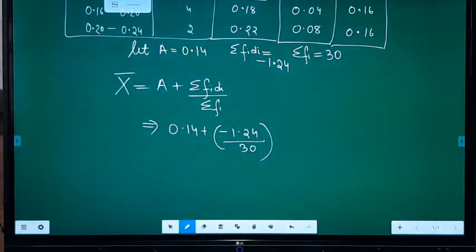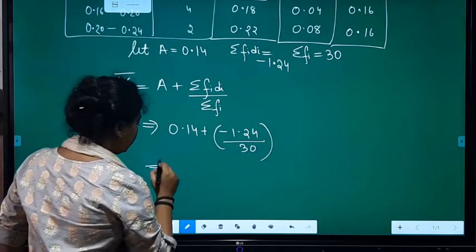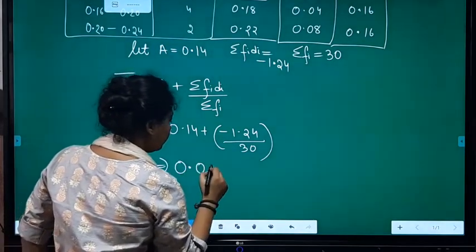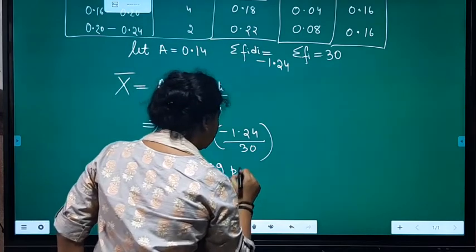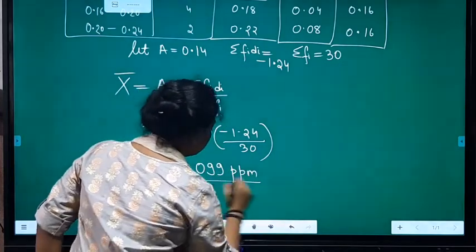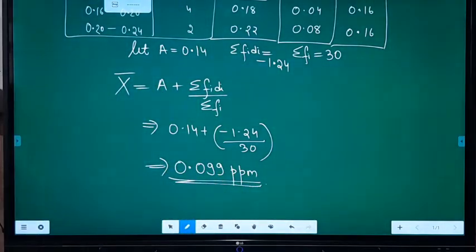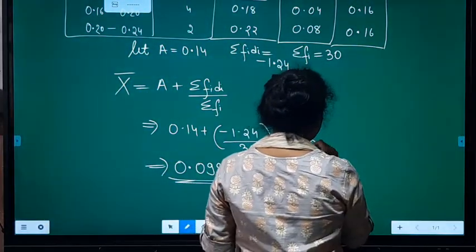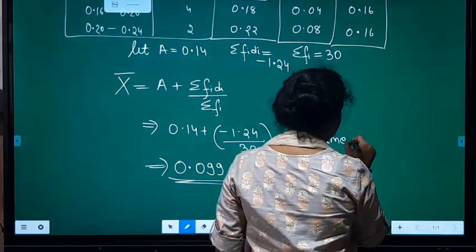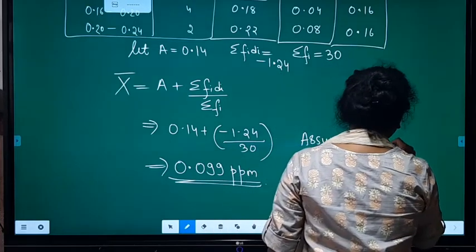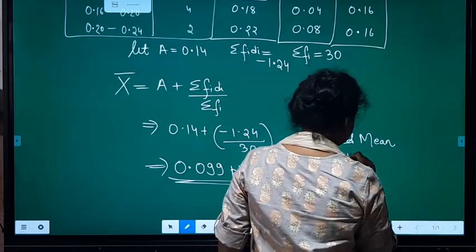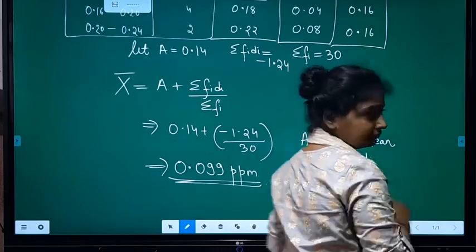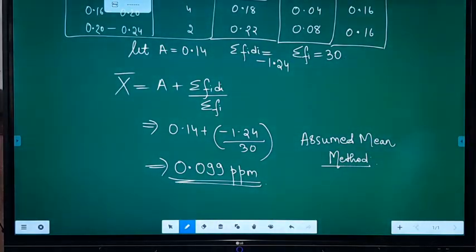On solving this, we will get the value as approximately 0.099 parts per million. So this is our mean concentration of sulfur dioxide from the given table. Which method have we applied here? Here we have used the assumed mean method. So this was it for the 7th question.